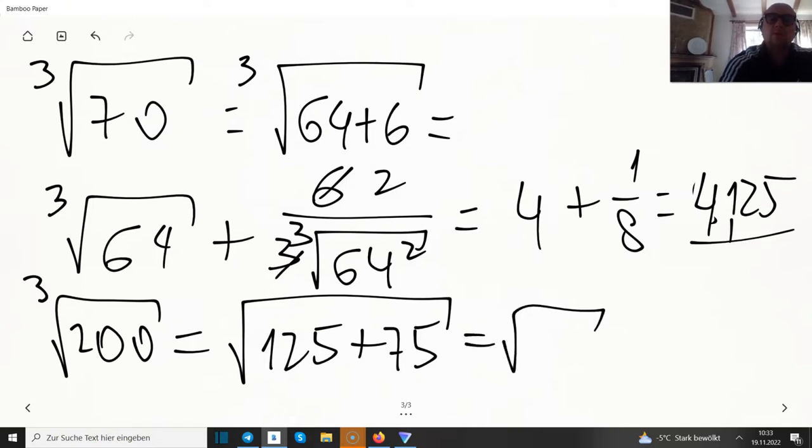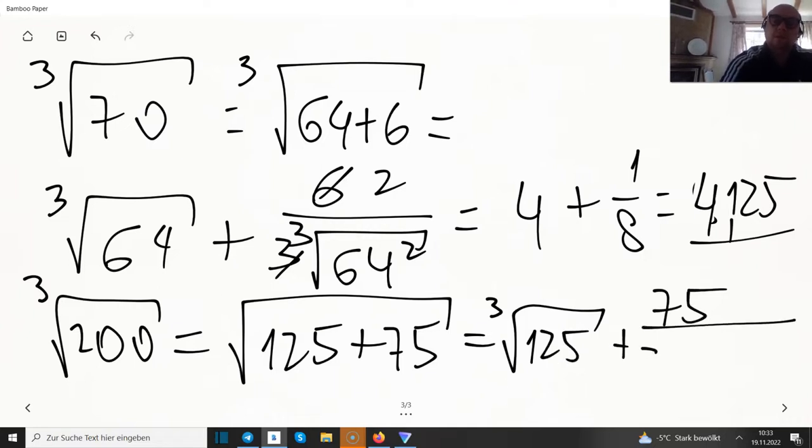So this is the cubic root out of 125 plus 75 divided over 3 times the cubic root out of 125 squared. All right, so we're going to get 5 here.